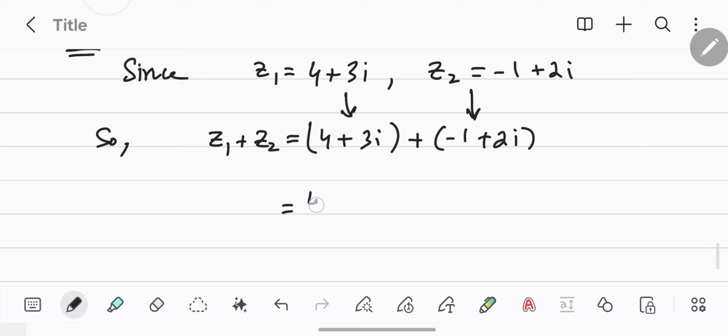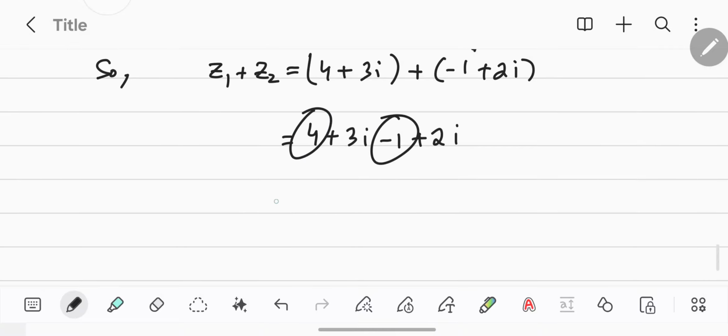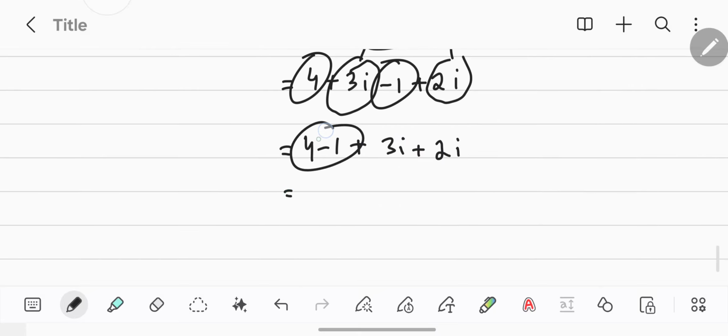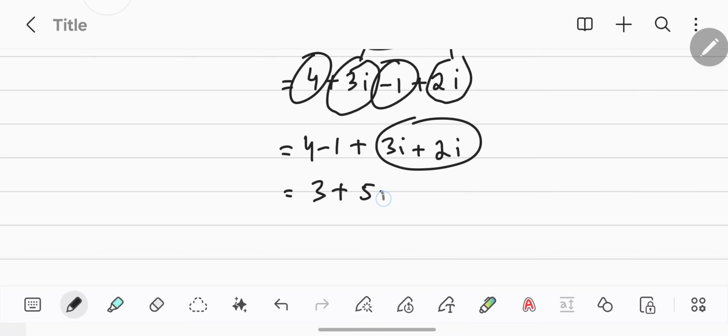If we add 4 plus 3 iota and minus 1 plus 2 iota, this is a number without iota and this is another number without iota. We will add them, 4 minus 1, plus these two numbers with iota, so I will add these two things. So 3 iota plus 2 iota. 4 minus 1 is 3 and 3 plus 2 is 5. So I got 3 plus 5 iota.